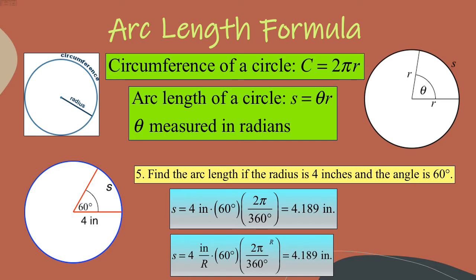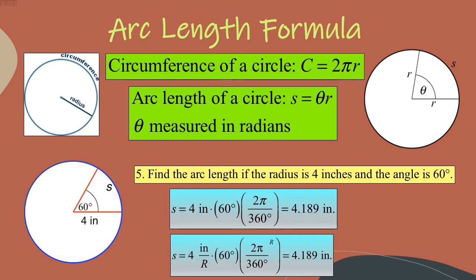So the calculation would be S is equal to 4 inches per radian times 60 degrees times 2 pi radians over 360 degrees. And everything in terms of units cancels except the inches, and we get 4.189 inches. You don't have to worry about this. Note that when you use the formula, if you use it correctly, whatever r is measured in, s will be measured in the same units as long as you convert the angle to radians.